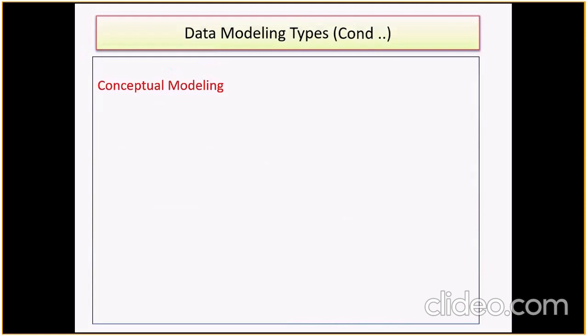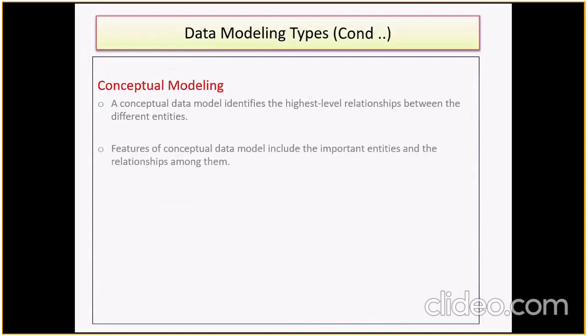As we discussed, the conceptual data model has only the user's view, entities and the relationship between them. It identifies the highest level relationships between the different entities. We don't want every minute detail here, just what the entities are and the relationship between them.